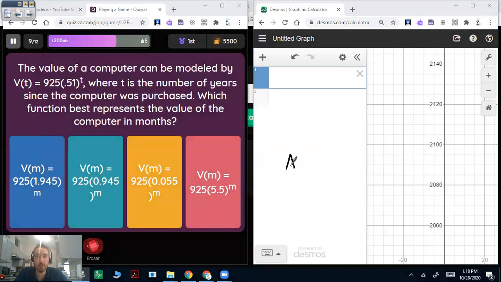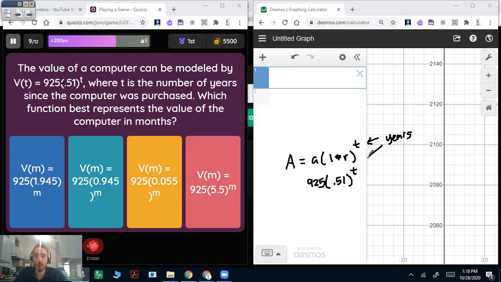We have our initial amount, 1 plus the rate, to the t power, where t is years. So I have my 0.51, which is less than 1, so it's a decrease because it's losing value. That number is 0.51 to the t power, and our initial amount is 925.